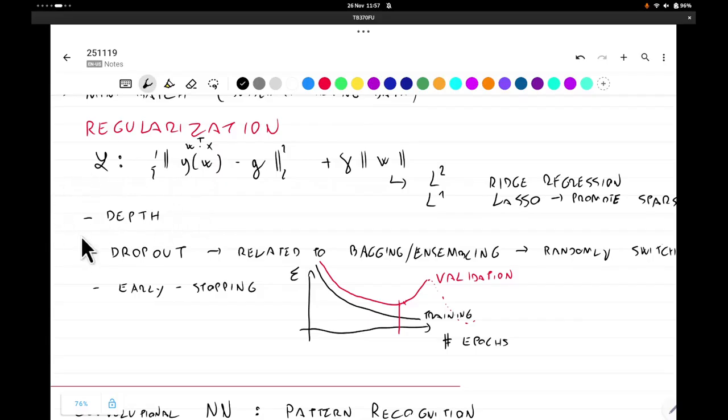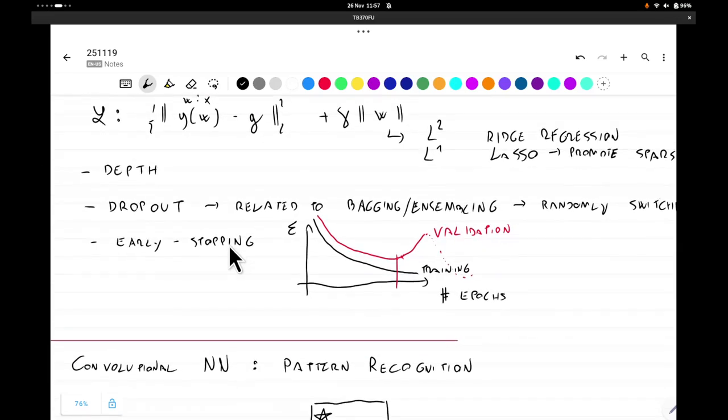So there is a regularization that comes naturally from depth. And actually, this is one of the main reasons why we have deep neural networks.